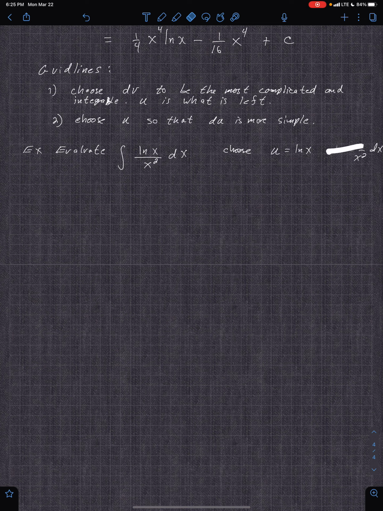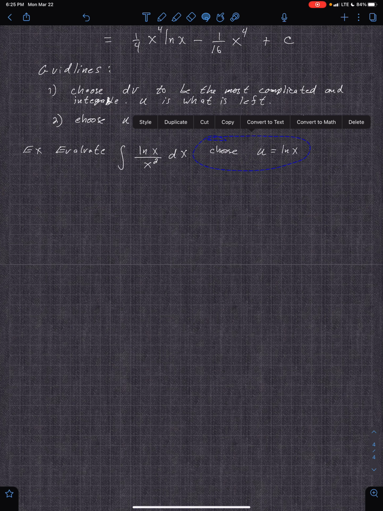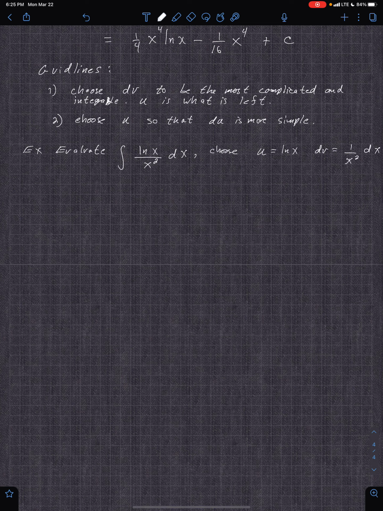I'm going to fix my messed up notes here, make it more concise. So my dv will be 1 over x squared, which we can integrate, no problem. Okay, so try this now with the rest of it.